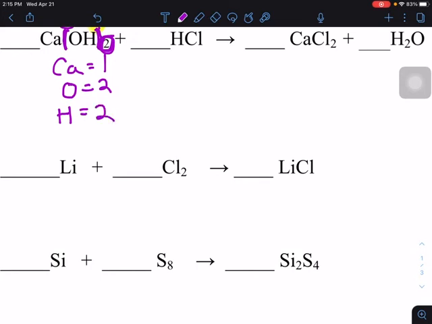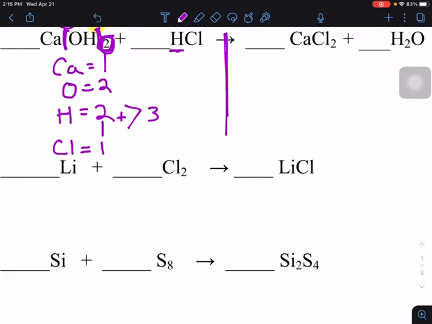Here is our arrow, so that divides the reactants from the products. We also have a hydrogen here, so we're going to add another hydrogen, add them together, gives us a total of 3 hydrogens. And then we have chlorine, and that's 1 chlorine.